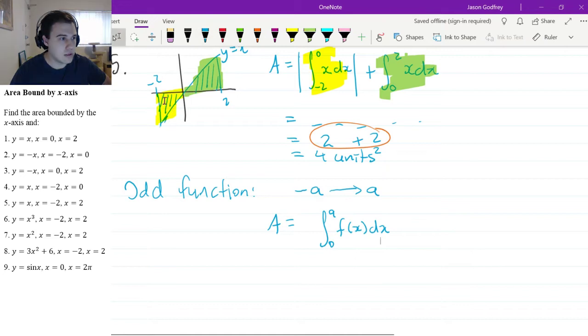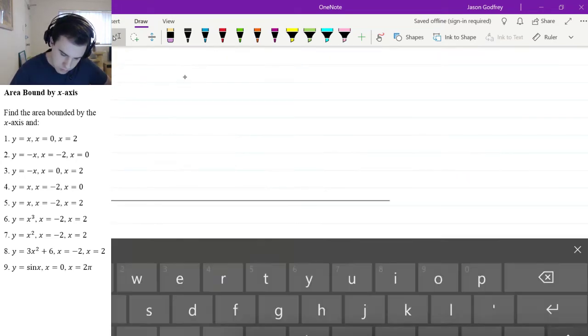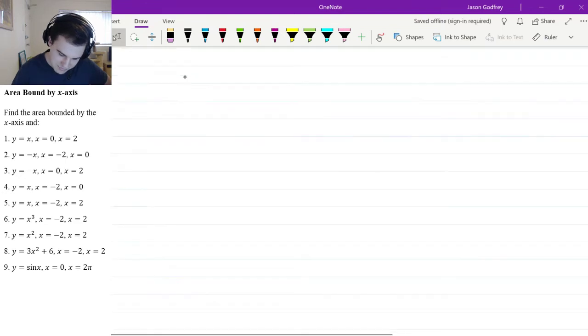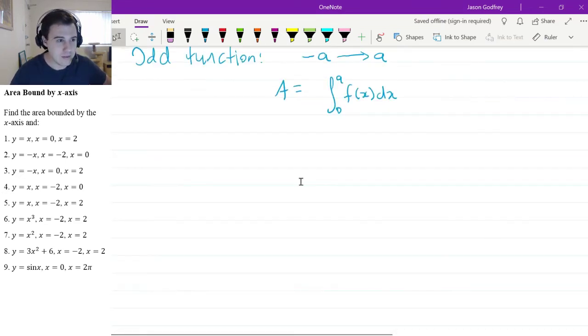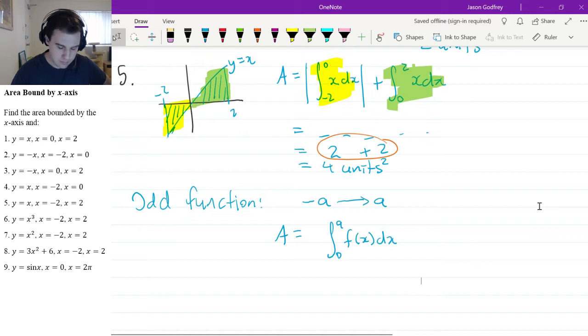Once we do the one on the other side and take its absolute value to force it to be positive, we get the exact same number. So we've actually got 2 lots of that.